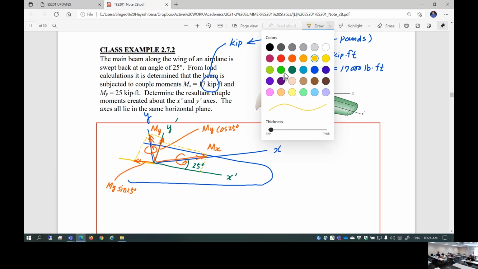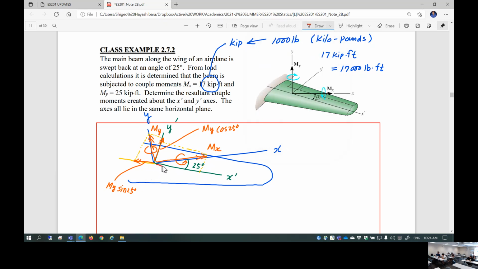Just slightly change the color here. Okay. So obviously this and that. This is Mx what?